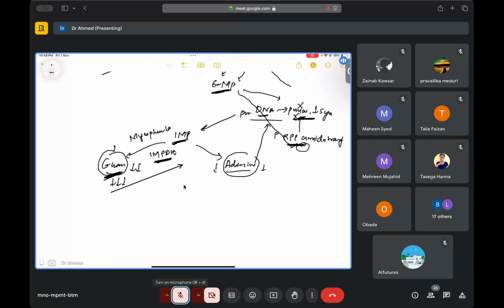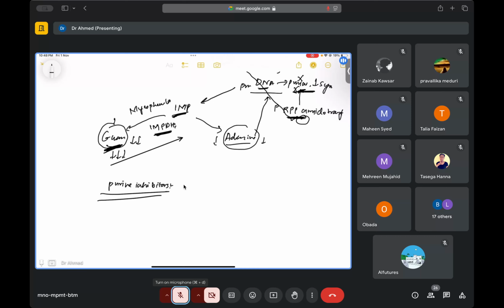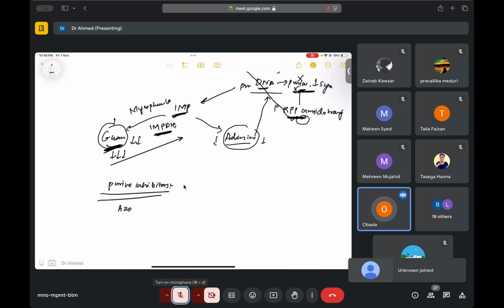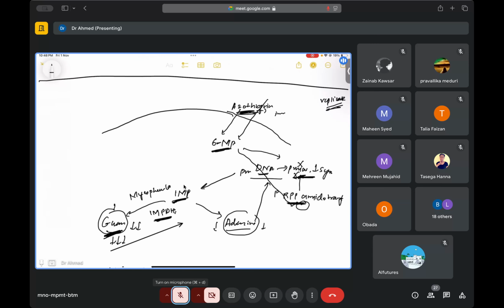So now let's discuss the drug class of purine inhibitors. What are the examples of purine inhibitors, guys? Azathioprine, mycophenolate. Another thing: we already learned yesterday that you need dihydrofolate for DNA synthesis as well, right?